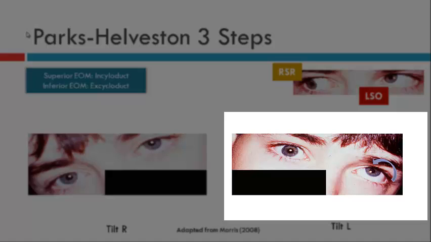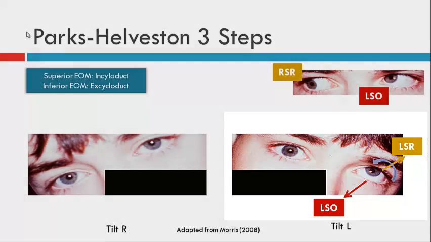But if we just take us through the example, it's either the left superior rectus or the left superior oblique. And given step 2 of Parks-Helveston's 3 steps, we know it has to be the left superior oblique. And if we want to explain why we've seen this increase in height on tilt left, it's because the left superior rectus is unopposed by the left superior oblique as that eye encycloducts during the head tilt.